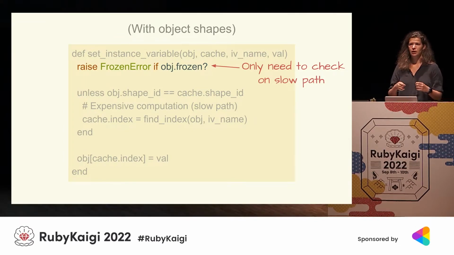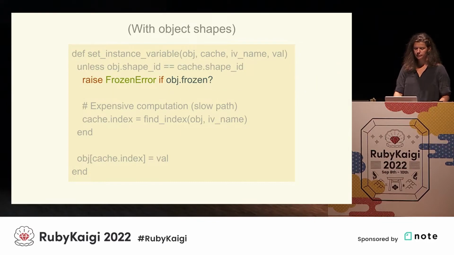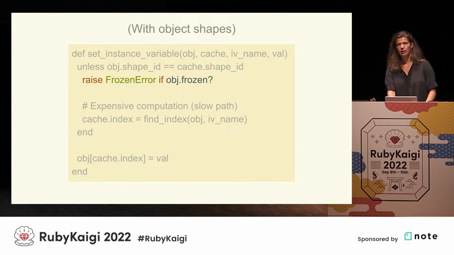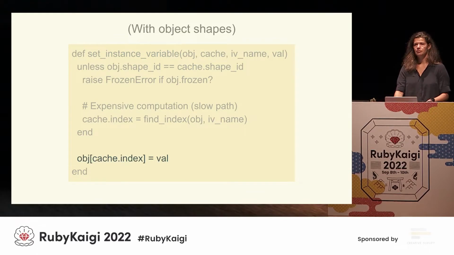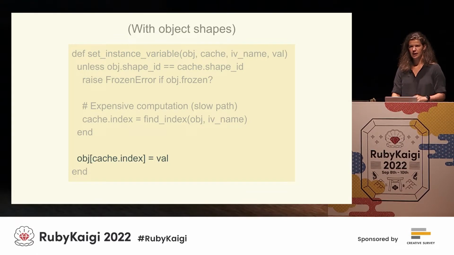So we know an object with the same shape can also set an instance variable. Another way to think about this is if we couldn't make this transition, we would have already seen a frozen error since we had a cache hit. So we move the frozen error into our slow path, and our fast path just becomes setting the value on the appropriate instance variable.